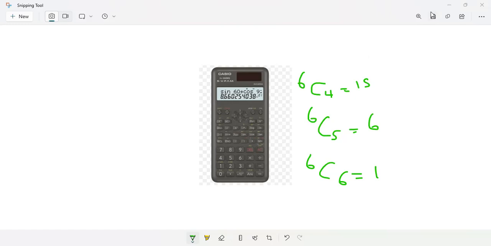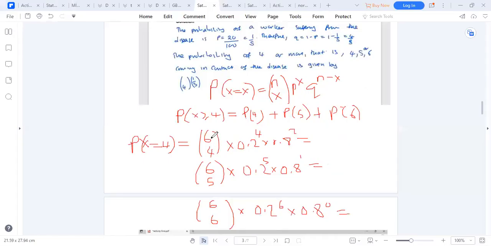Are we together? So in this case, this will be 15 times 0.2 to the power 4 times 0.8 to the power 2. What's that? I think I understand where I was making a mistake. Okay, that's great.